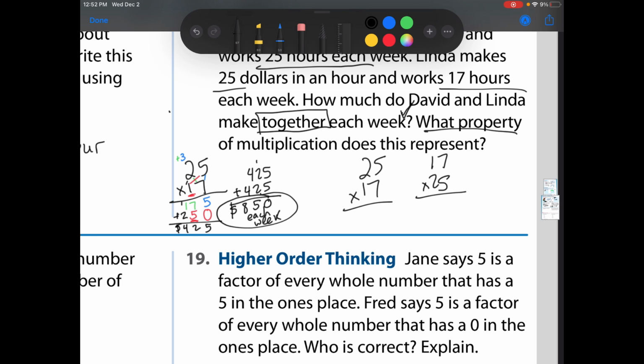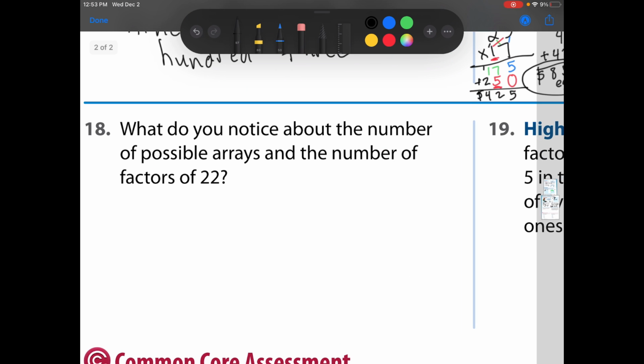We have our distributive, but that had to do with bringing a number from the outside to the inside with multiplication, breaking it up into its place value, and we didn't do that here. So this is my commutative property. So what property was it? It's my commutative property of multiplication, saying I can switch the order and still get the same answer.